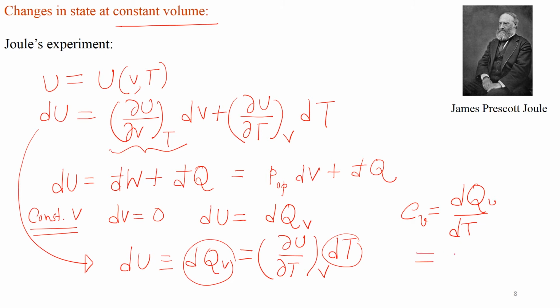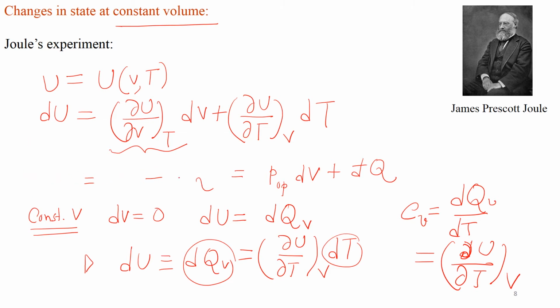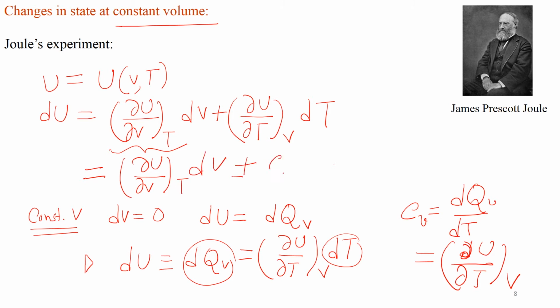So that quantity is given by this partial derivative, (∂U/∂T)_V. So we can rewrite the total differential which we just wrote for dU as dU equals (∂U/∂V)_T dV plus C_V dT.